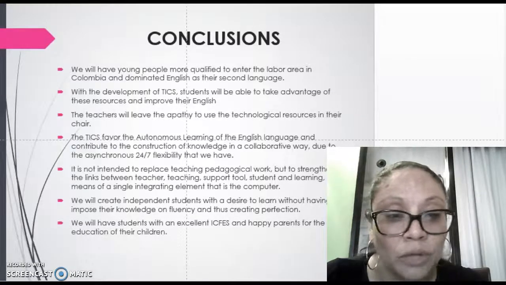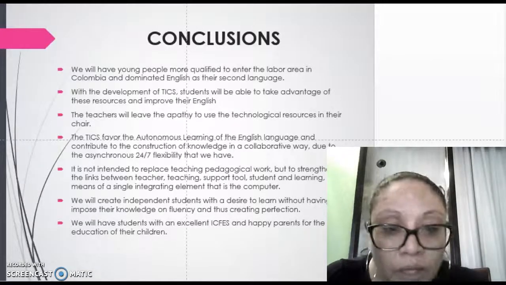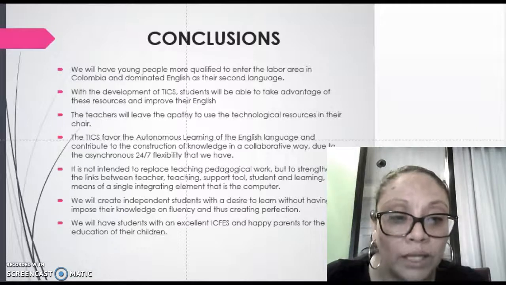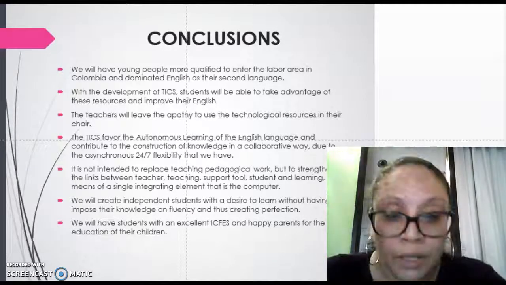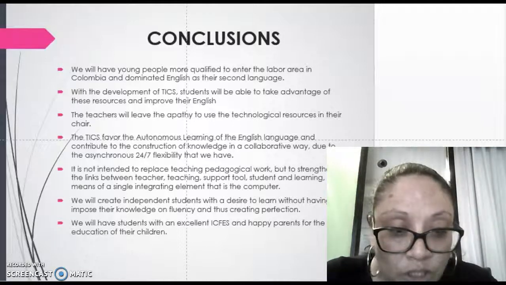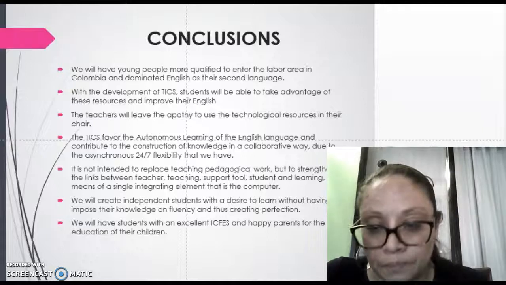The TICs favor the autonomous learning of the English language and contribute to the construction of knowledge in a collaborative way due to the asynchronous 24/7 flexibility that we have. It's not intended to replace the teacher's pedagogical work, etc.